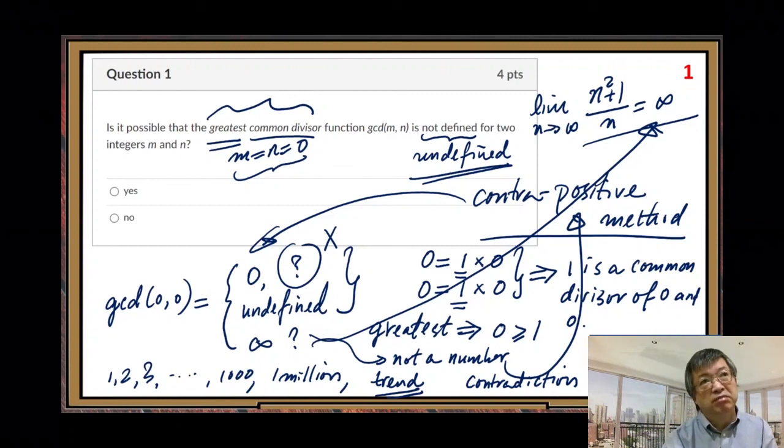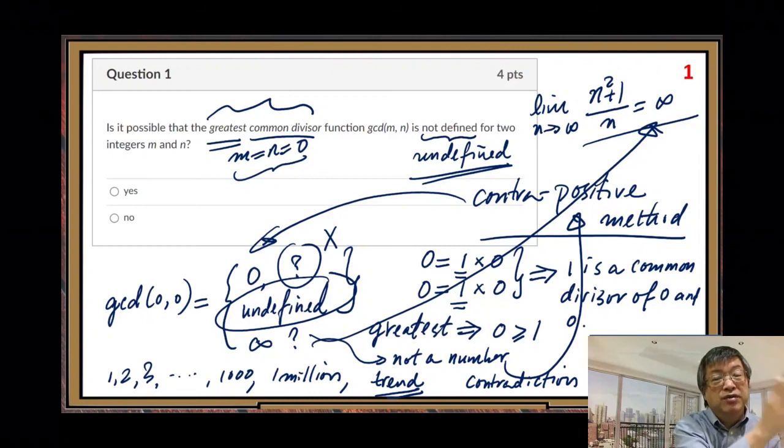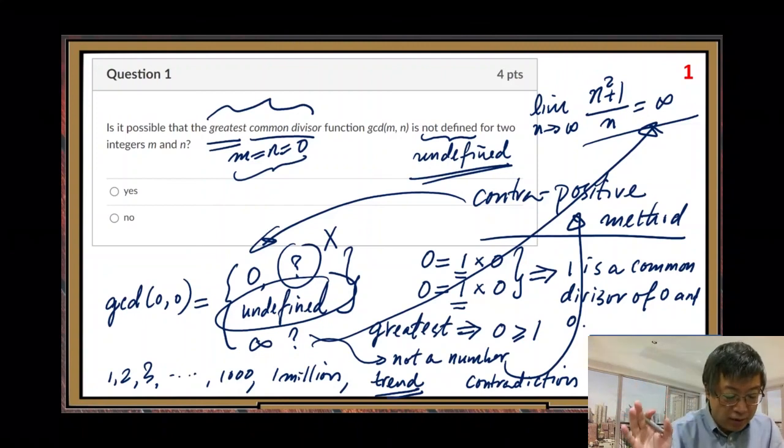Then you need to look at the undefined case. Nobody can define what value it is. Nobody can find a right way to say the value of GCD of 0 and 0. Can anyone find an appropriate value? All right, that's what I want to explain for this first question. Let us stop right here.